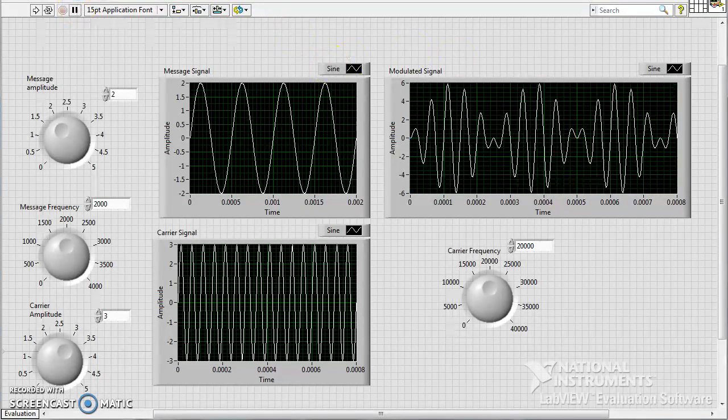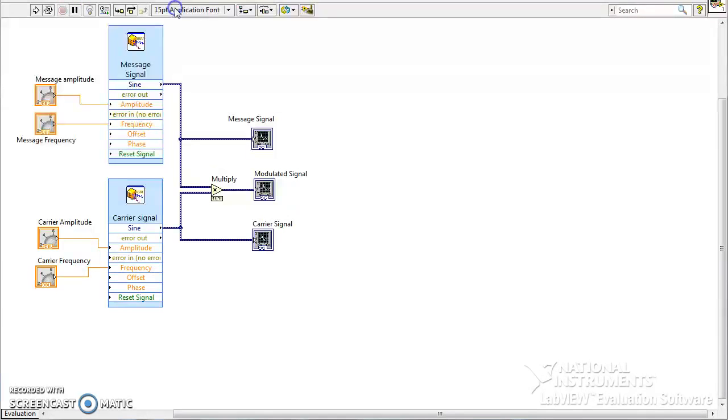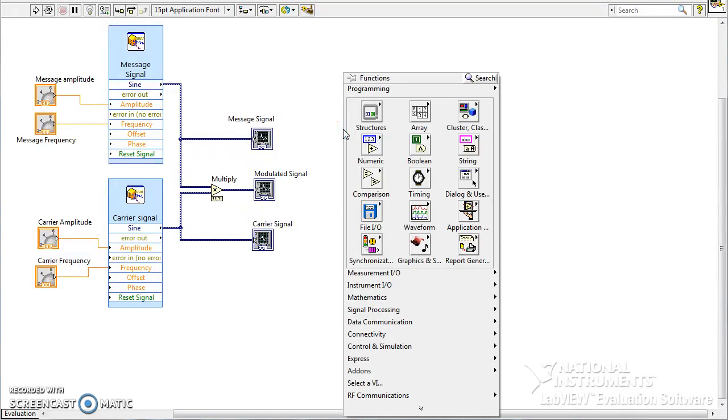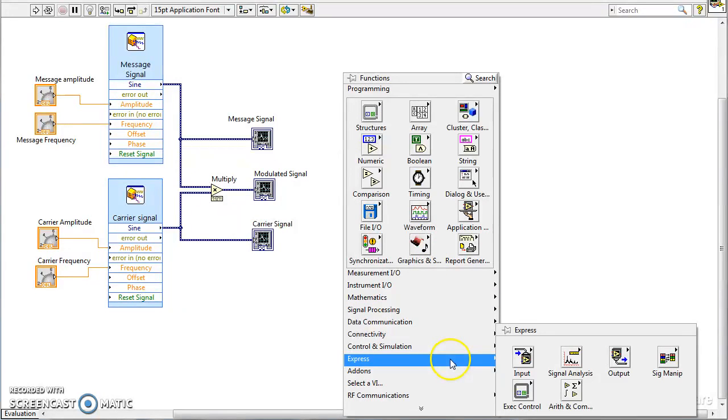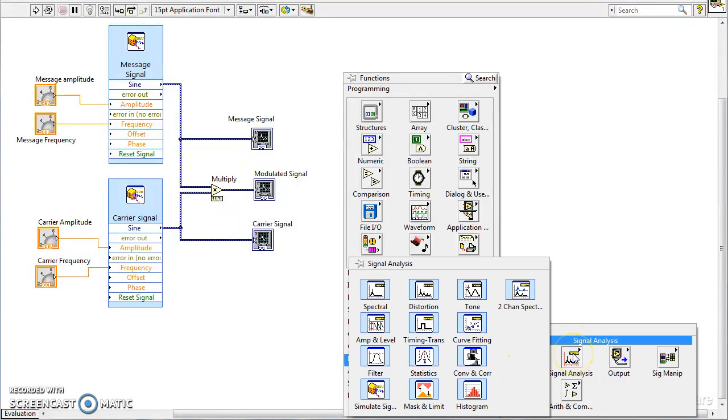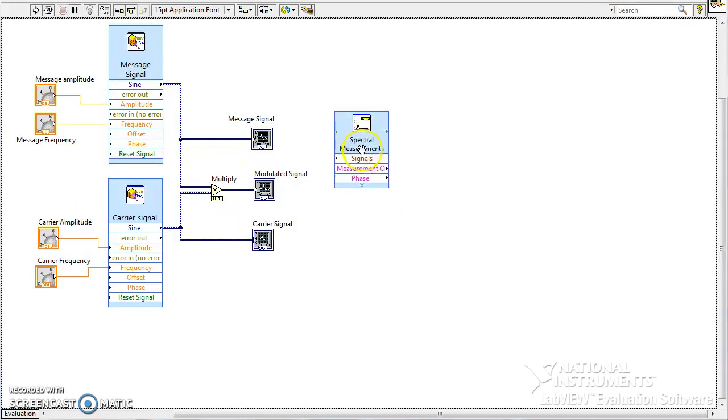Now, if we want to look into the spectrum of the message signal as well as the modulated signal, right click on the block diagram panel, go to Express, then Signal Analysis, and select the spectral block.